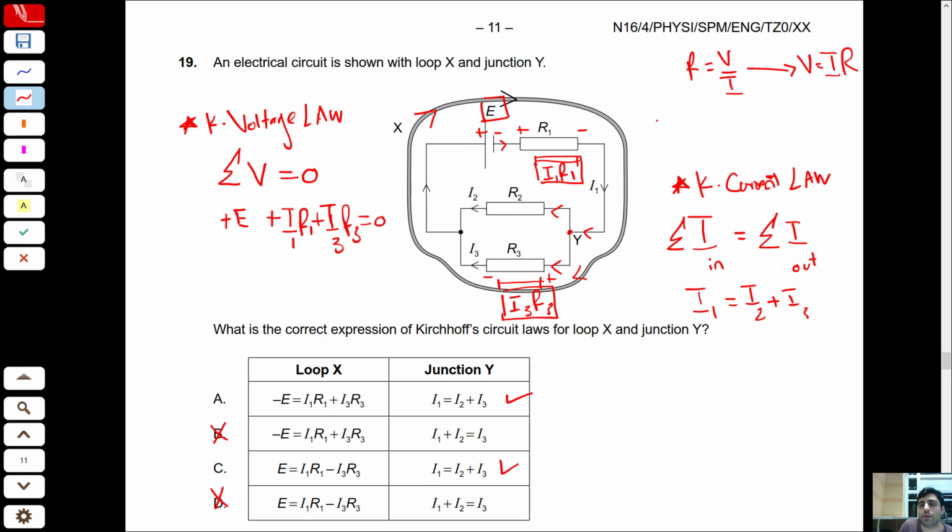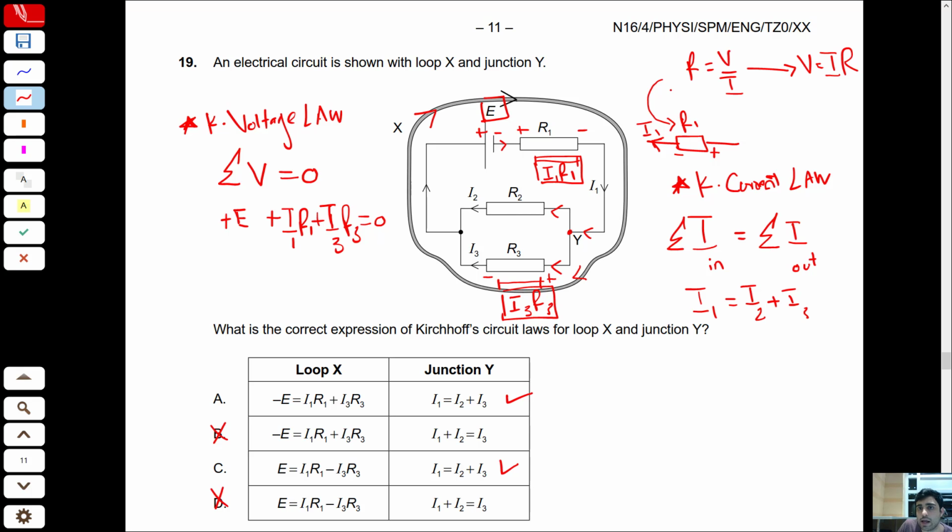Let me give you an example. For example, if the current is like I1 and R1, and you can see if the current is going from right to left, this is the positive part, this is negative, because the current always goes from positive to negative. And for instance, just for understanding, what if the loop was in the opposite direction?